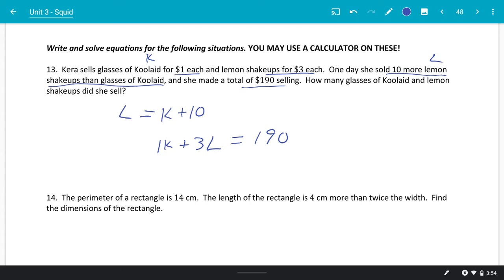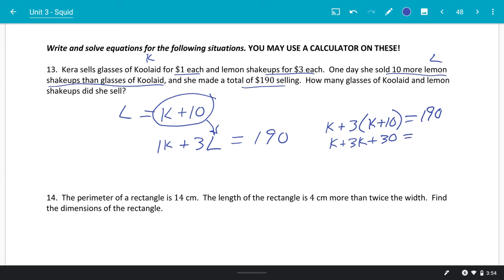Cool. Now let's use substitution. Let's substitute that in there. So I now have K plus 3 times K plus 10 equals 190. So K plus 3K plus 30 equals 190. So 4K plus 30 equals 190.